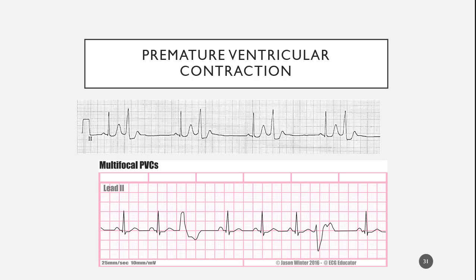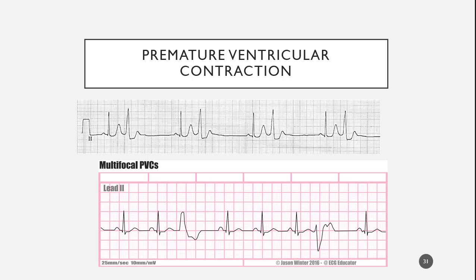Now remember, with a PJC, it's starting at the junction and it may be going backwards up into the atria. Therein is the reason why we would see that upside down P wave, or we don't see a P wave at all. But from the junction itself coming down, it's starting at the AV node, the AV junction comes down the bundle of His and then follows everything out on the normal pathway. So that's why your QRS would be narrow.